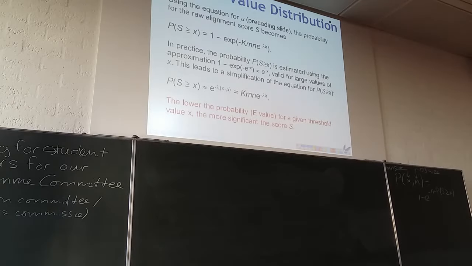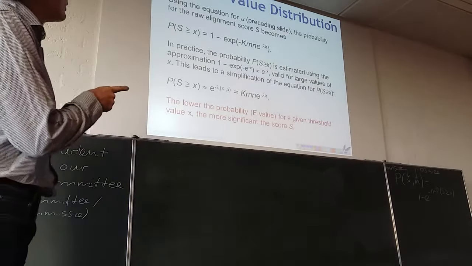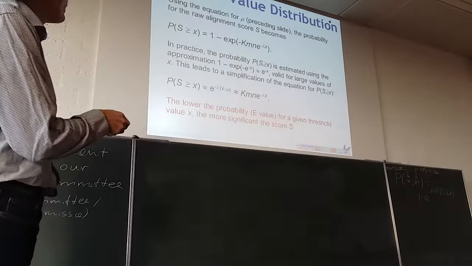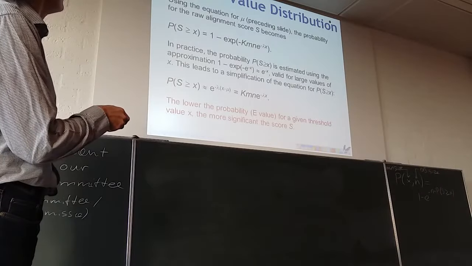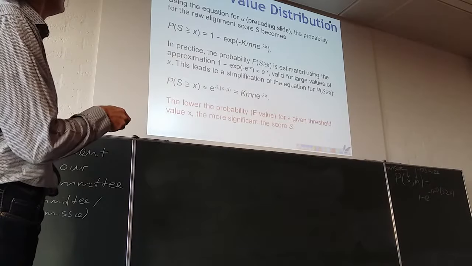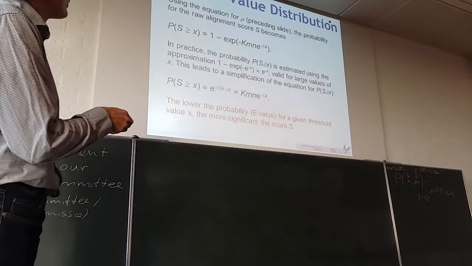So now this formula allows you to go from a given score threshold. Now I've lost... this should depend on the score, but I don't see where that ended up.